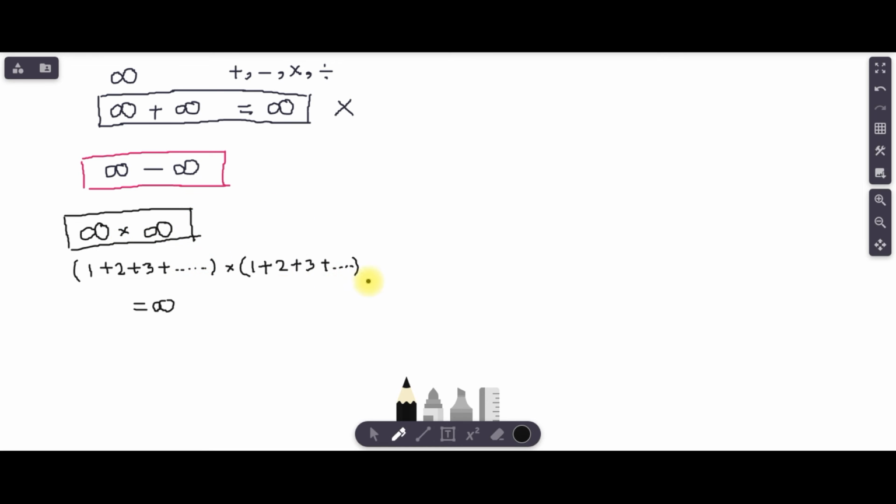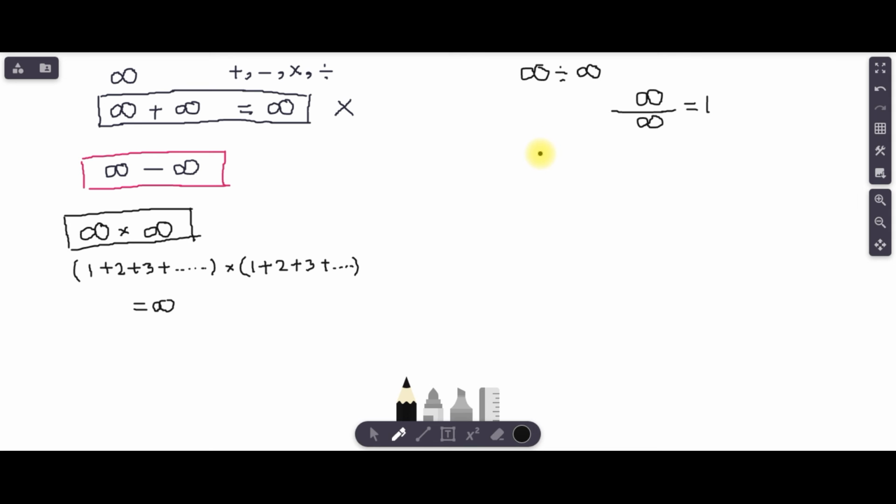Then third comes division, that is infinity divided by infinity. We need to check whether it is an indeterminate form or not. Can I write infinity by infinity is equal to 1? It's very interesting. It's vague to think like this, that one infinity is equal to the other infinity, but let us understand by taking an example.